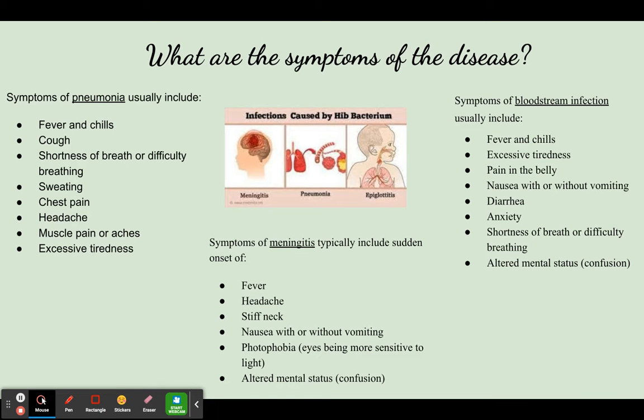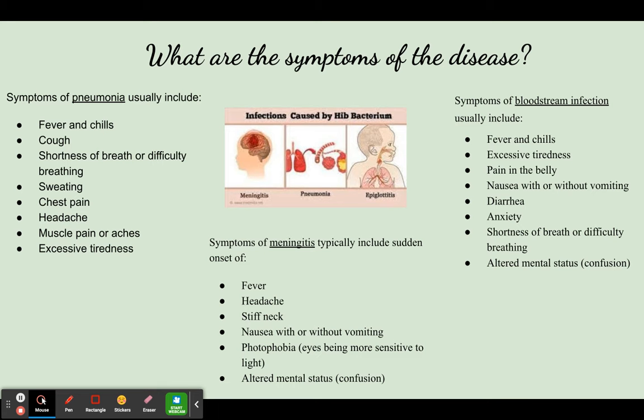And what are the symptoms of this disease? The symptoms for pneumonia are fever, chills, cough, shortness of breath, difficult breathing, and swelling. Symptoms for meningitis are fever, headache, stiff neck, and nausea with or without vomiting.